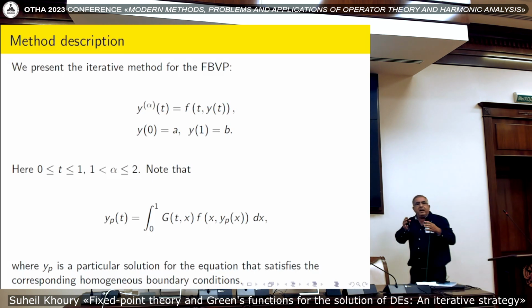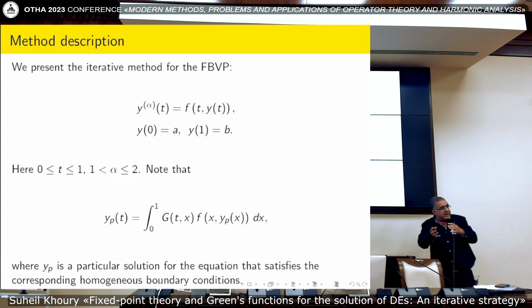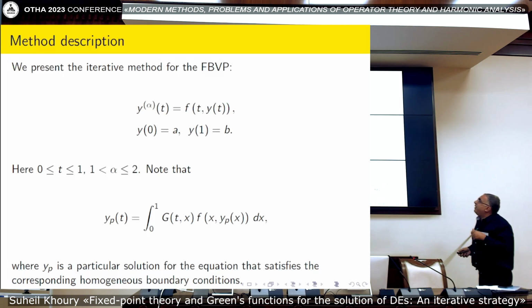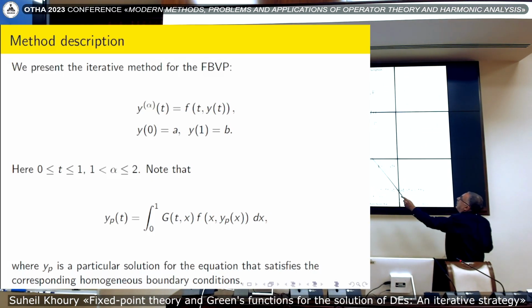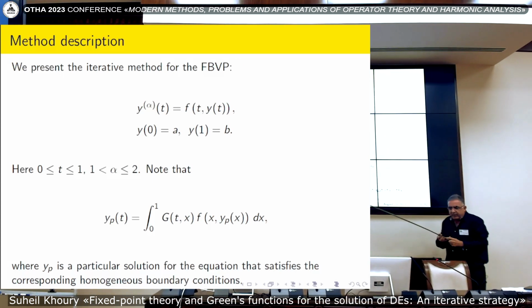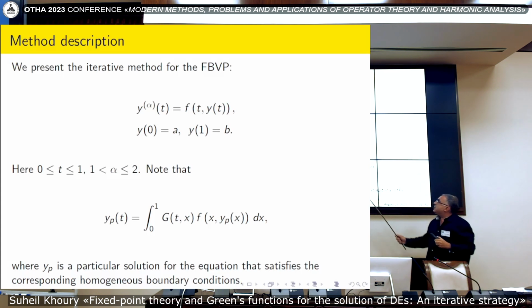So the method here, the numerical method is based on a combination of fixed point iteration method with Green's function, with operators. Okay, so we have, let's say, this fractional boundary value problem, very simple one. By the way, I mentioned before that if you solve the problem where the non-homogeneous term is the delta function, then you can solve it with f.